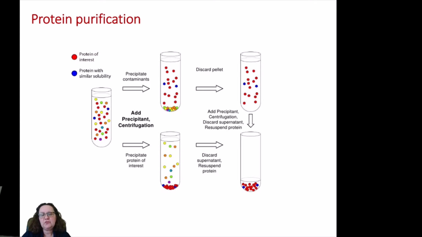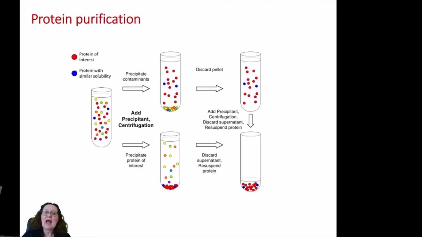The process of precipitation is also hugely important in biochemistry when looking at protein purification. For example, you can precipitate contaminants that have similar solubility to the protein you're interested in, so your protein stays in solution.